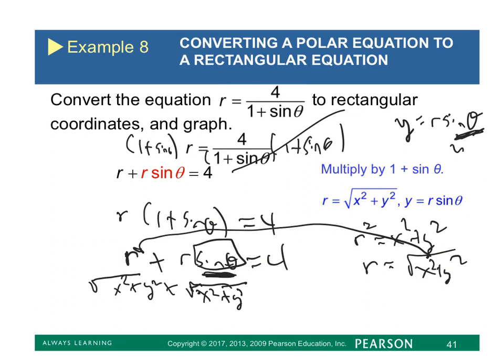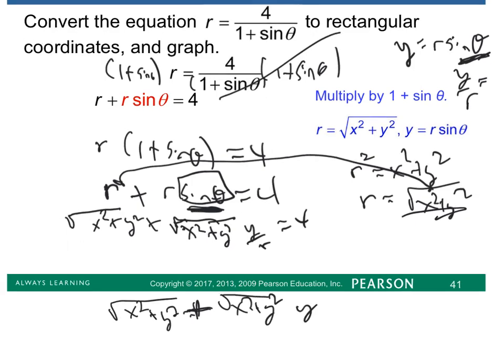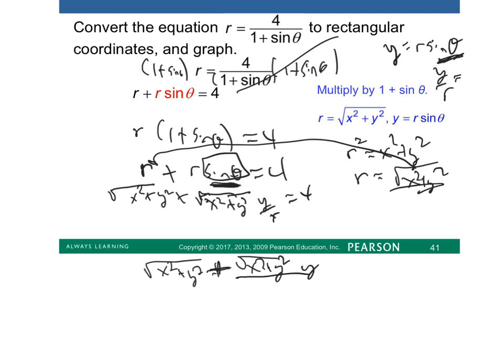Sine of theta is equal to y over r, so times y over r. What was r? R was the square root of x squared plus y squared. So I have square root of x squared plus y squared plus square root of x squared plus y squared times y divided by the square root of x squared plus y squared, all equal to 4.